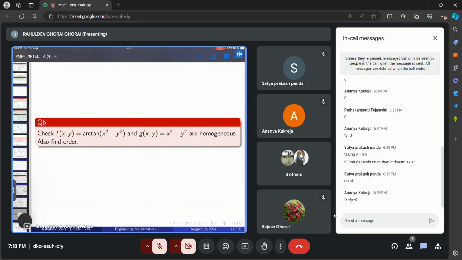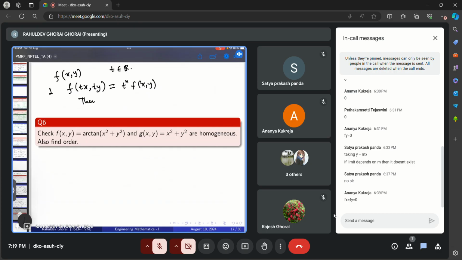If you have a function f of x, y, and t belongs to the real number set, then you take tx and ty. If that is equal to t to the power n times f of x, y, then we will say that the function is homogeneous of order n.